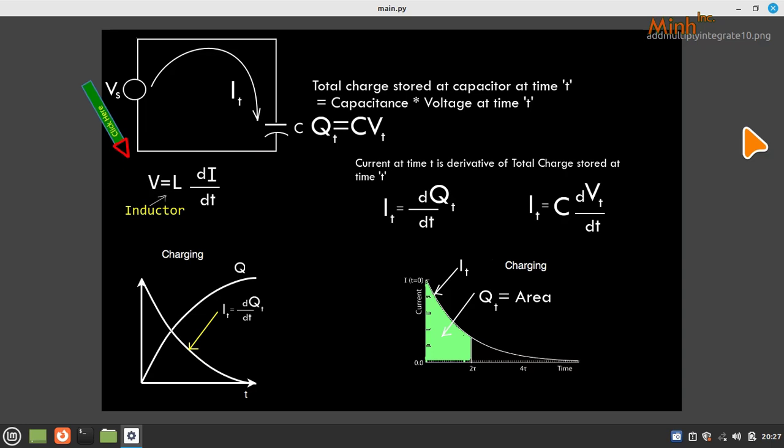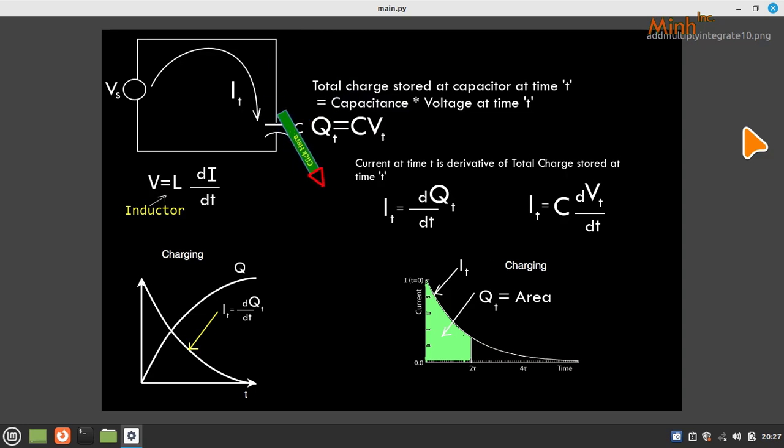If this is a capacitor, the charge stored across it at any time is C into Vt. Vt is the voltage applied across the capacitor, and C is the capacitance. At any moment, the voltage into capacitance is how much charge is stored.